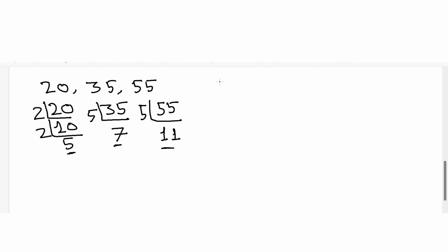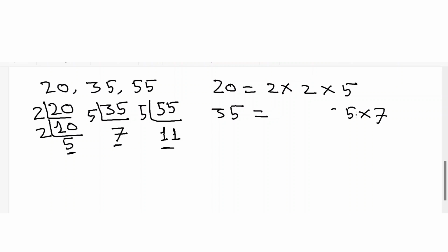So if we write down these 3 numbers logically, we'll have 20 equal to 2 times 2 times 5. We have 35 equal to 5 times 7. We have got 55 equal to 5 times 11.